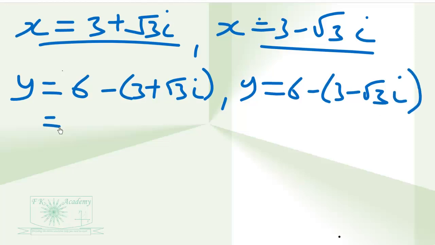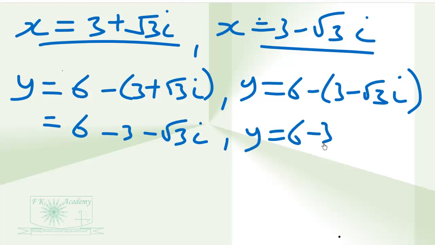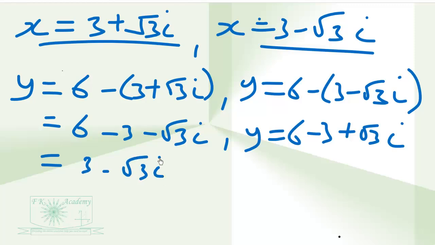So this simplifies to 3 minus root 3i. And this also gives us 3 plus root 3i.